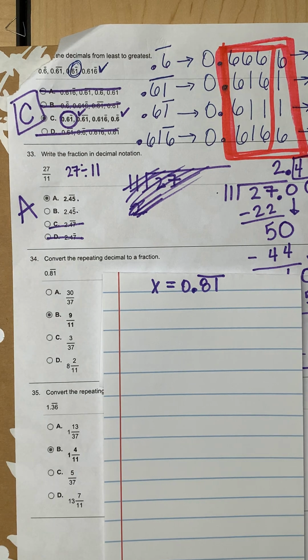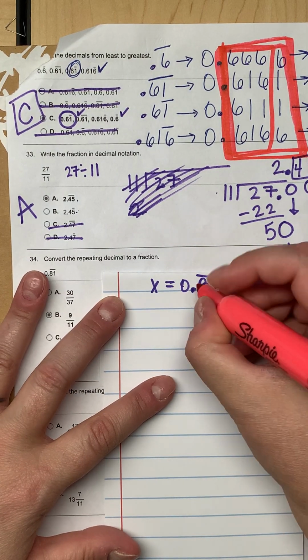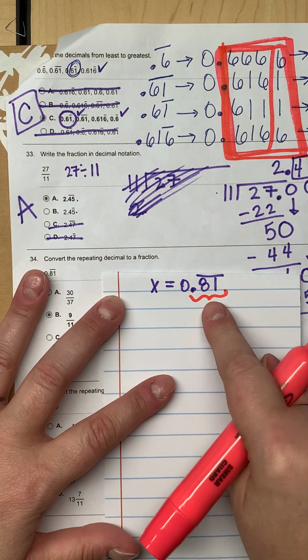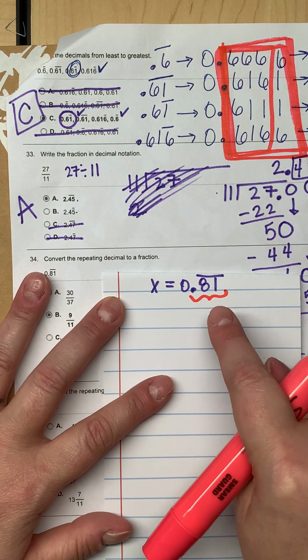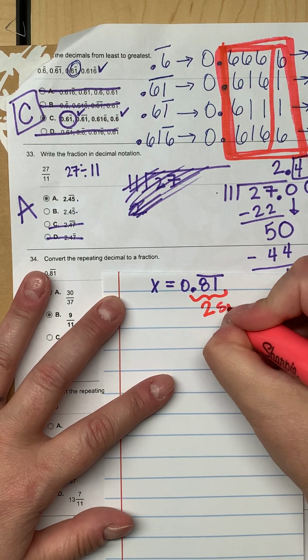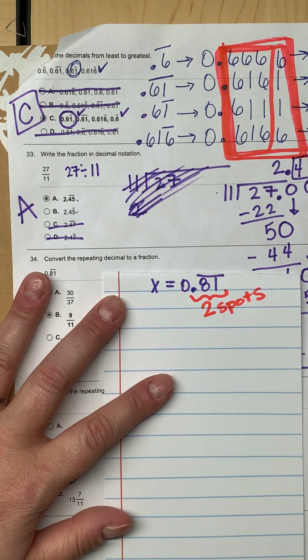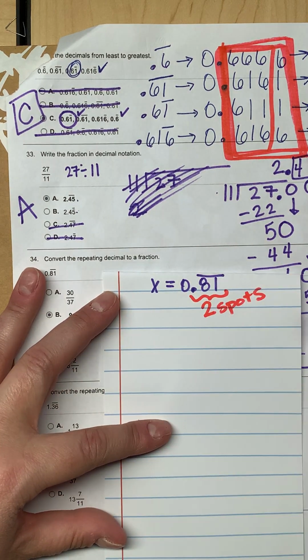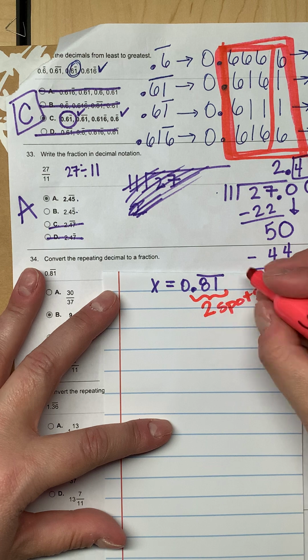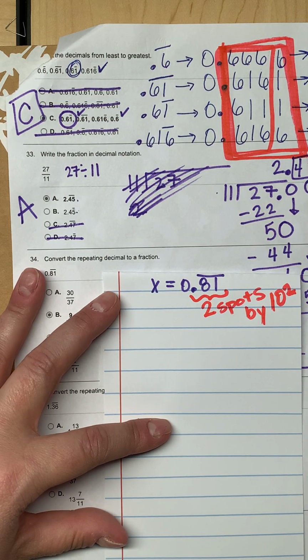The extra is first you count how many digits are to the right of the decimal. 2 spots. So now you're going to multiply both sides by 10 to the 2.